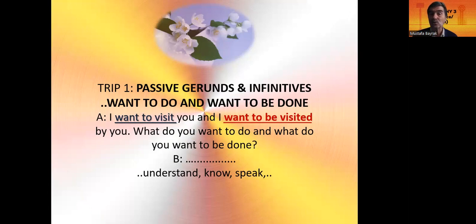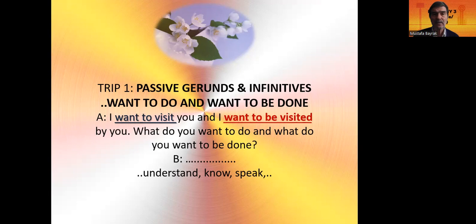I want to be understood. I want to be known. I want to be spoken. Do you see the difference? Yes, because it is also passive form. We cannot think of a passive structure, passive voice, without verb three and to be.